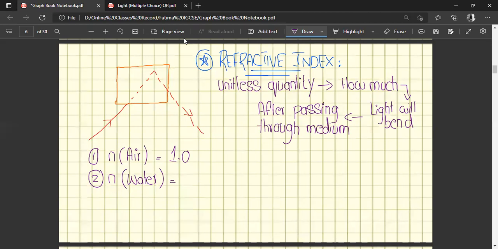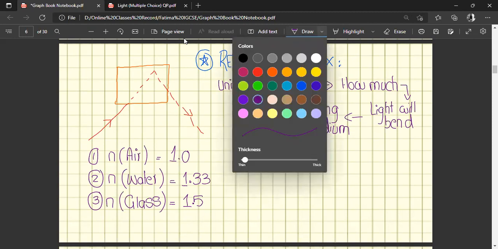No. Okay, so the refractive index of water is 1.33. These are very famous and common mediums, so we need to remember these values. And for glass, it is 1.5. So these are the refractive indices of our commonly used mediums in our daily life.